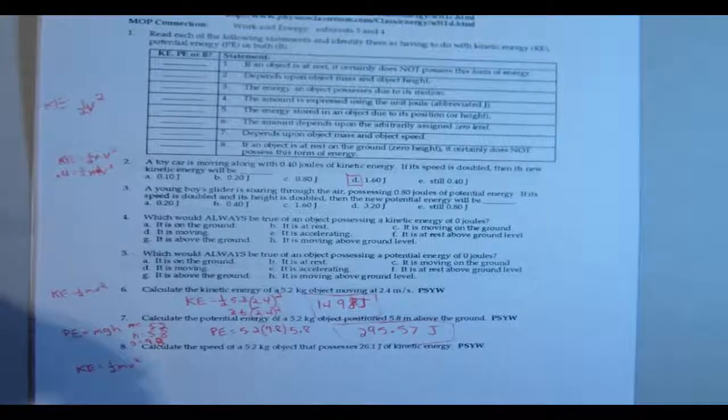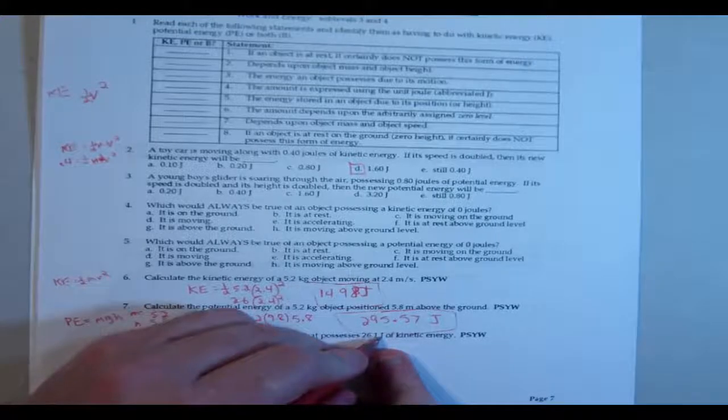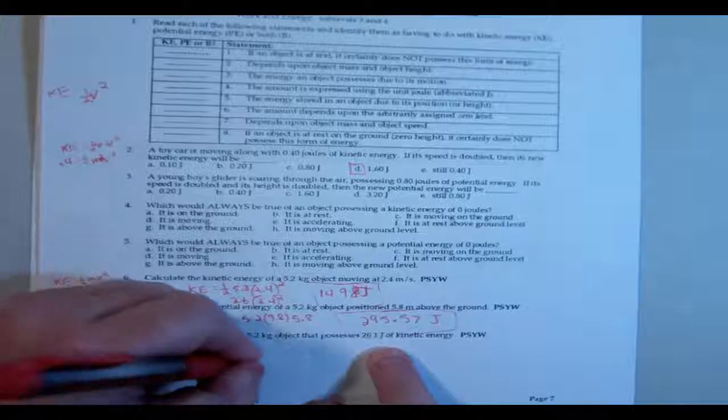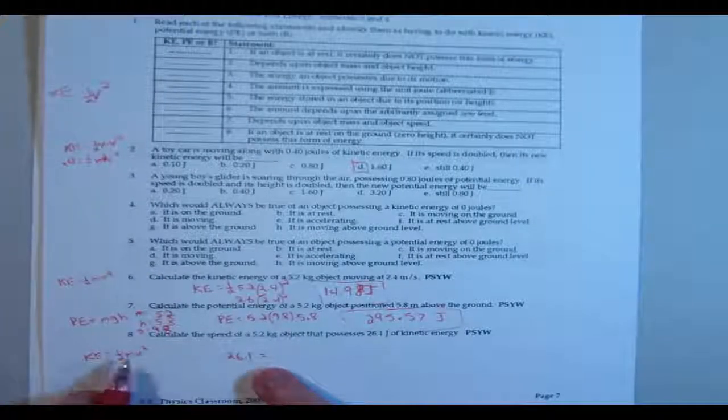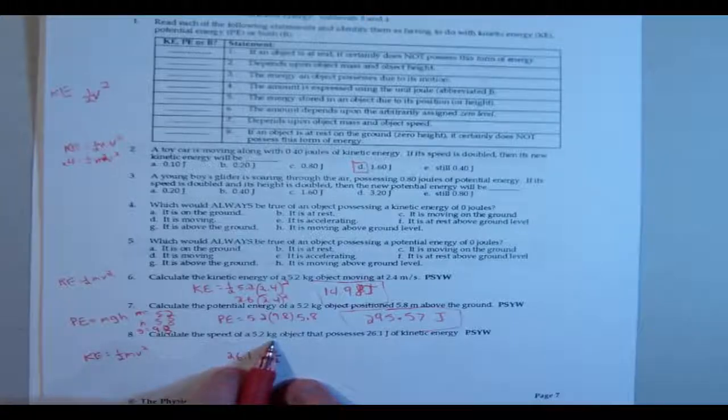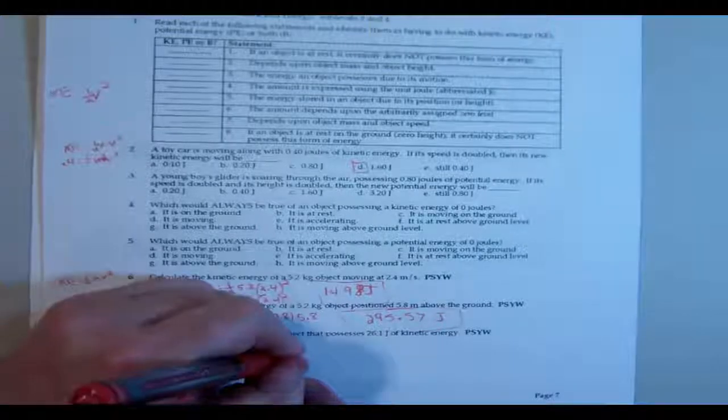Okay, cool. Easy, right? We know it's joules. Kinetic energy, that means this is definitely kinetic energy. 26.1 equals, so what's my formula for kinetic energy? 1/2 mass velocity squared. 1/2, don't have to think, that's easy. Mass, kilograms is mass, so 5.2.